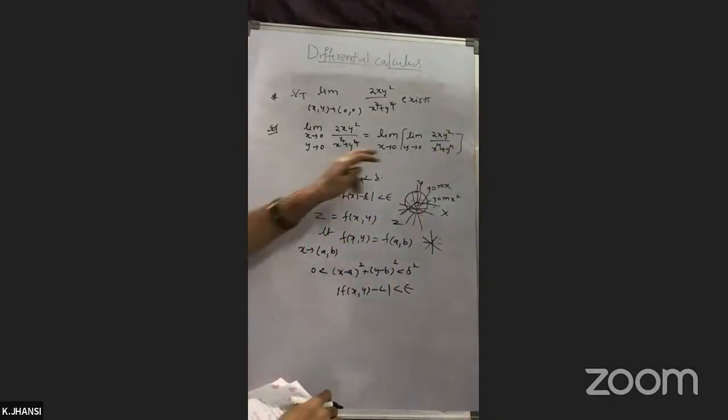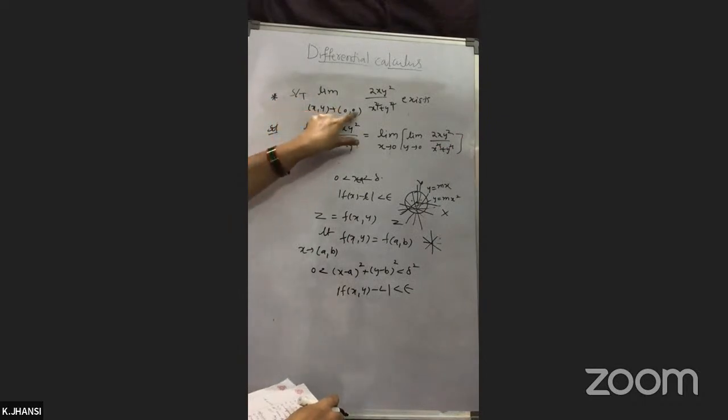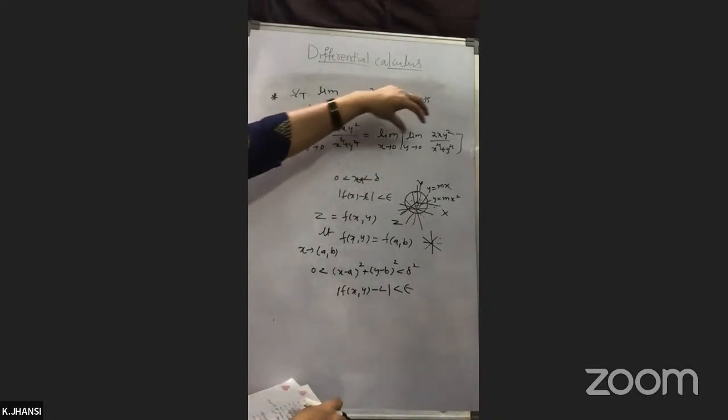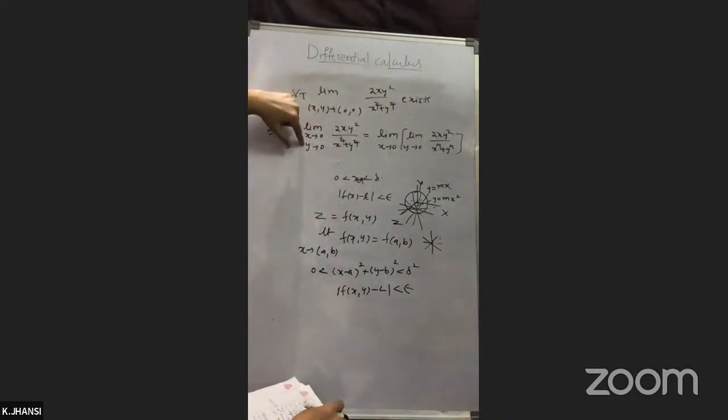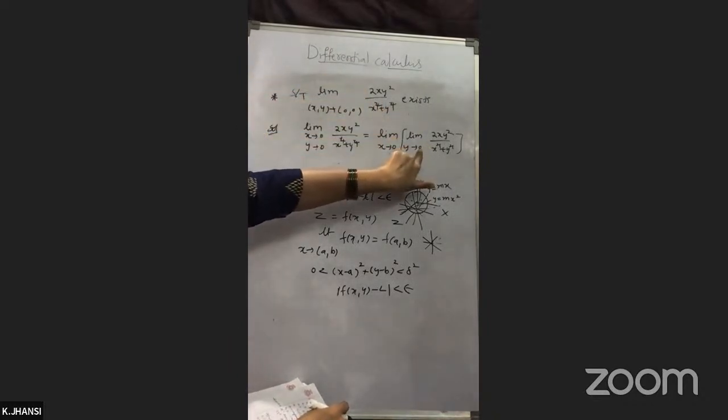So directly, what you'll do is, here (x, y) tends to (0, 0). You can write it separately like this: x tends to 0, y tends to 0. X tends to 0 you keep constant, and inside you take limit y tends to 0. That means in place of y, we substitute the y value as 0.